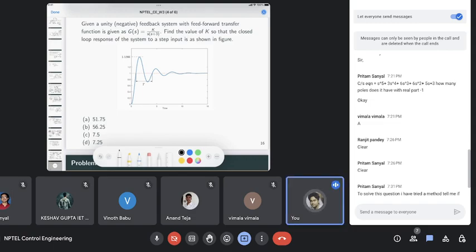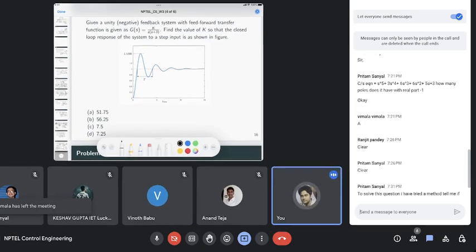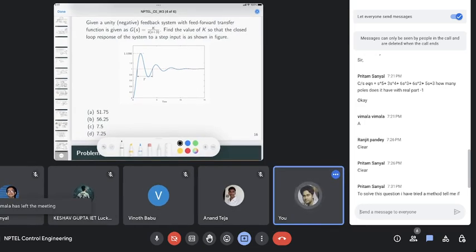Then you apply, like for what value you have this, you apply the Routh-Hurwitz criteria. For Hurwitz criteria, you know if your poles are diagonally opposite or on the imaginary axis, you will have a row of 0, right?